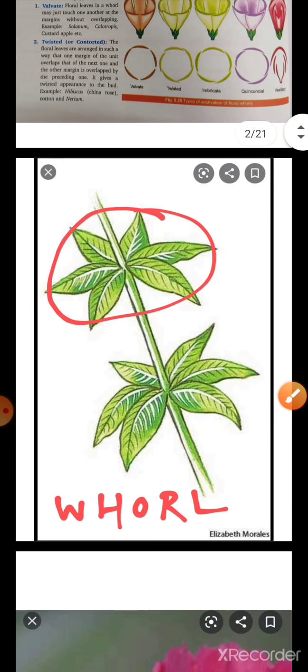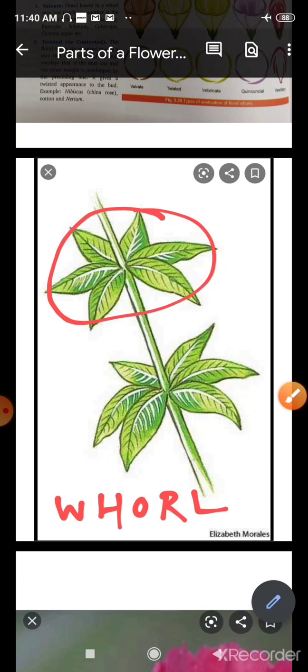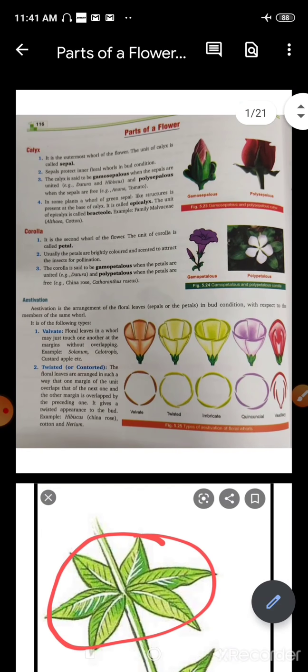If you look at this figure, you will find that this arrangement of the leaves around the stem is a whorled arrangement, right? We can say something like a semicircular form. That is a whorl, and all the parts of a flower are arranged in a whorl. So there are 4 whorls of a flower.